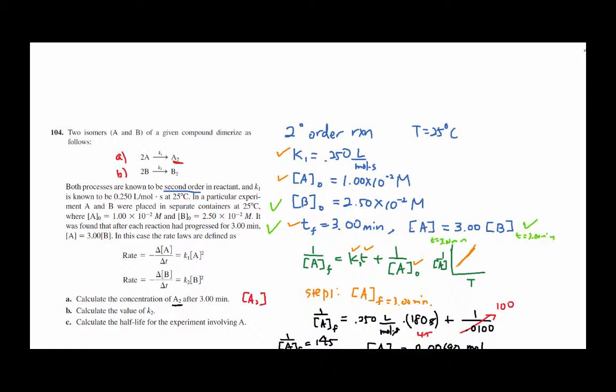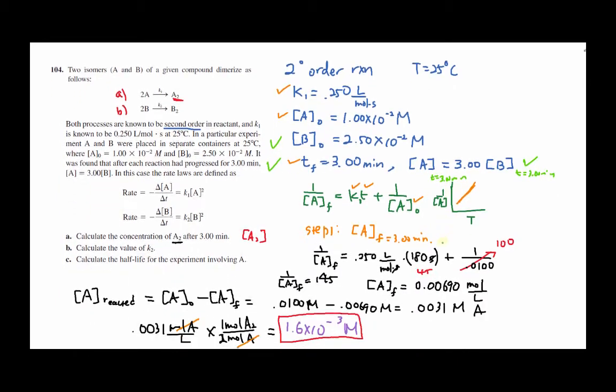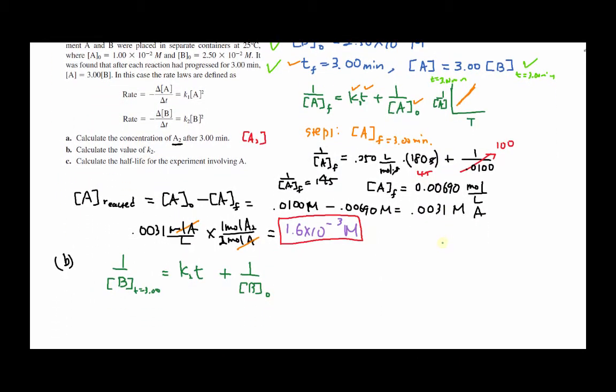So from part A, we found the concentration of A, and we can find the final concentration of B by dividing by 3 our concentration of A. Then we can find k2. How nice. Let me reiterate. We have this, we have that, and we have that. Alright, so I'm going to plug it in.